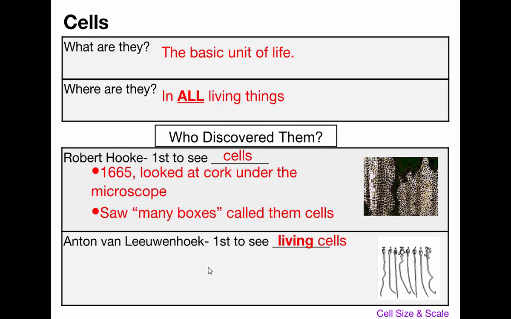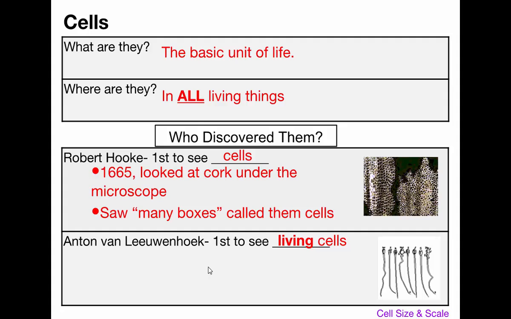Now his microscopes were sort of strange looking. These are the microscopes he made. What they were was a tiny little lens, like a sphere of glass, and he came up with this way of making these lenses that allowed them to give really good magnification. He was very secretive. He wouldn't tell anybody how he made these lenses. But he was able to make them.